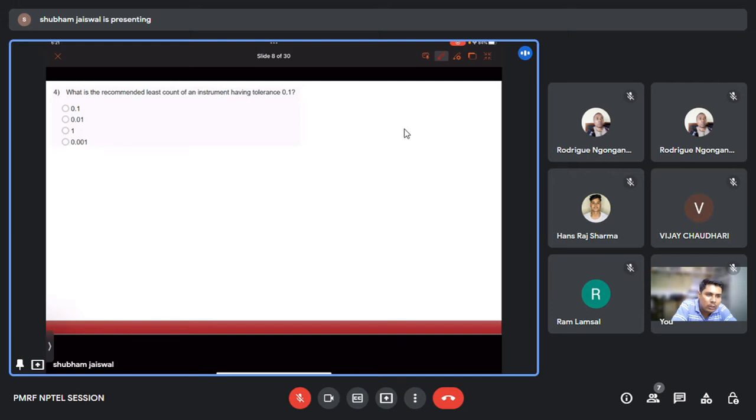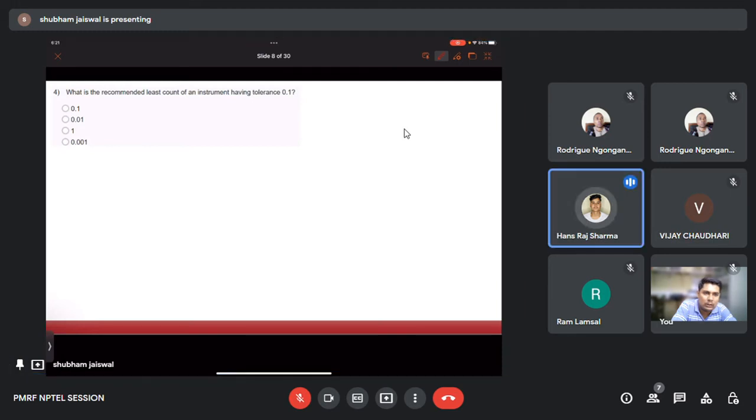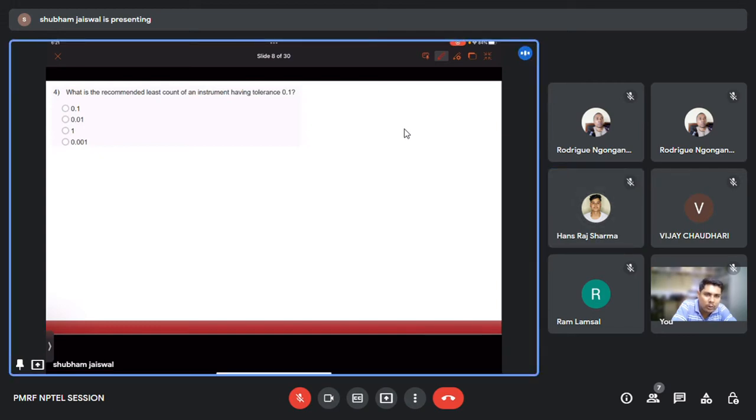Can you tell Mr. Hansraj why it is 0.01? Sir, we are taking the tolerance variance like 0.1, upper limit, lower limit, I think so. Mr. Roderick, can you tell why? What should be the criteria for selecting the least count of an instrument?